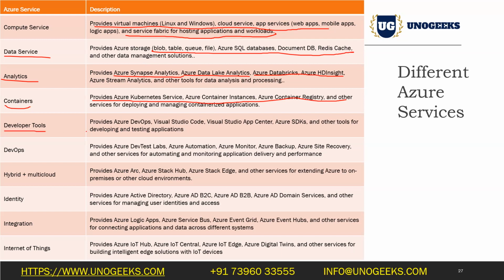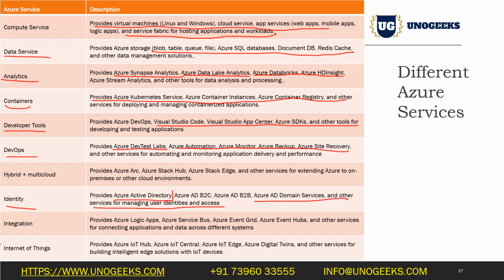Developer tools stand for Visual Studio, App SDK, and DevOps stands for DevOps, Test Labs, Automation, and Monitoring services. Identity comes under Active Directory, AAD. We will see AAD in detail in upcoming sessions, along with Azure AD Domain Services and managing user services.